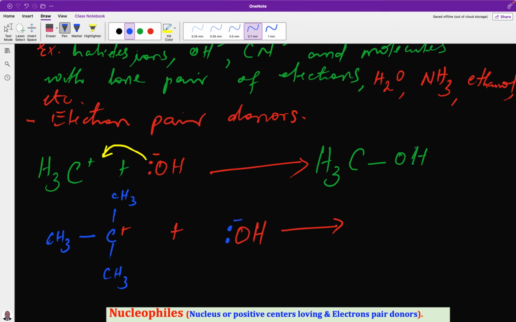What is the resultant molecule? That is the resultant molecule.